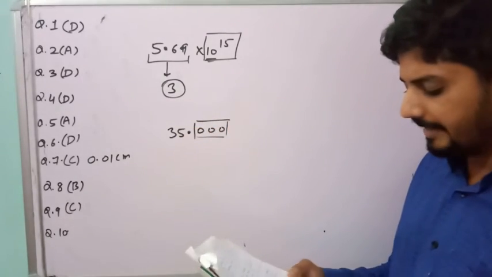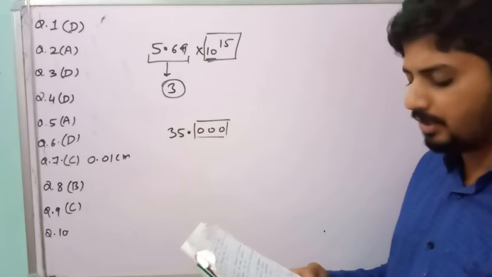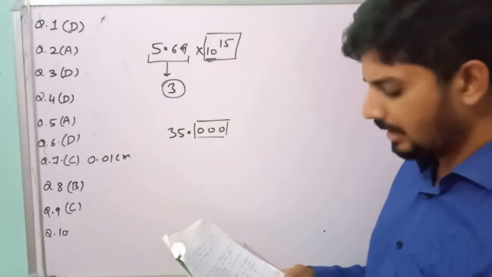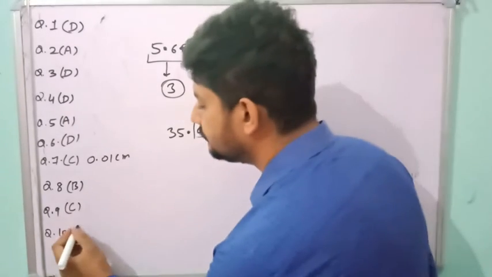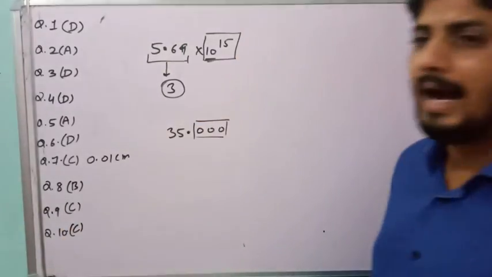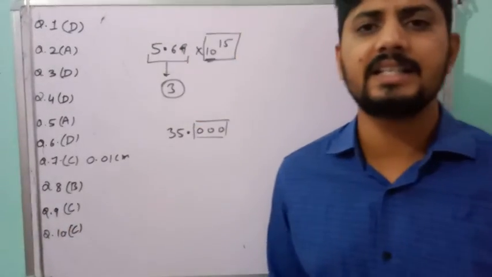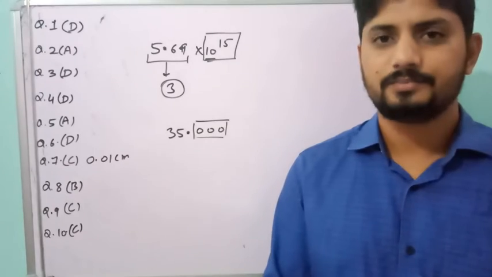So the number of significant figures in 35.000 is 5. So option C is correct. All these rules we already discussed in the last class.